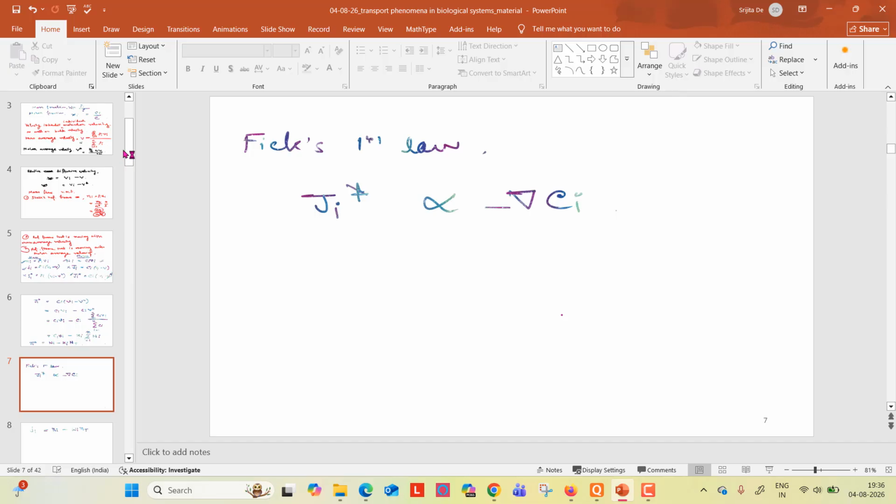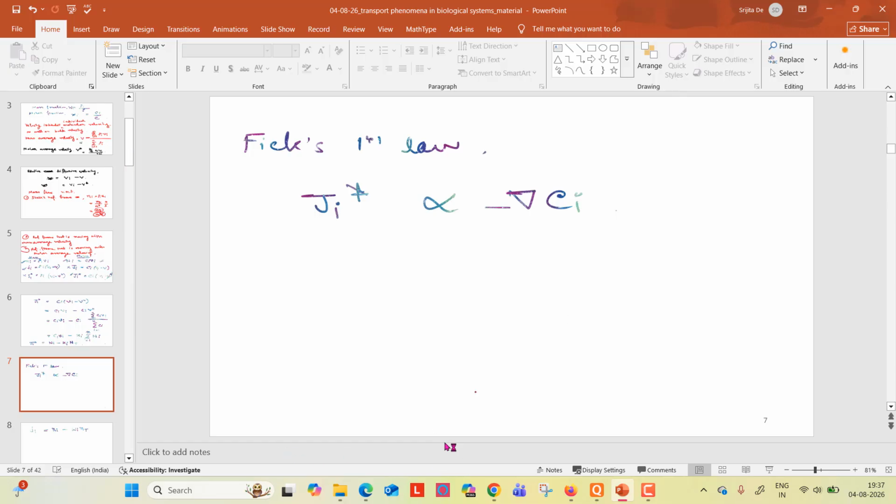Similar logic can be applied here, that the concentration is going from higher zone to lower zone. So that is called diffusion. I think you are already aware of what diffusion is. So it is the same thing. Diffusion goes from higher concentration zone to lower concentration zone, and that's why we are using the minus sign. It is a mathematical approach.